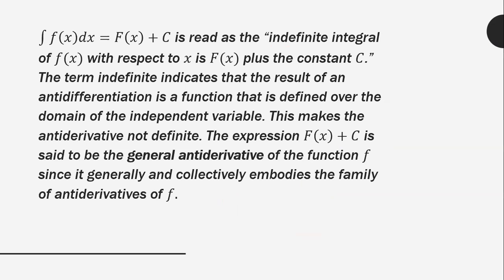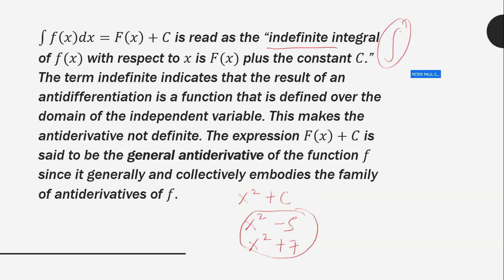For example, if you have x squared plus c, then this is a result of an indefinite integral. But when you have x squared minus 5, or for example, x squared plus 7, these are examples of definite integrals. For definite integrals, the formula is an elongated sum, while this is for indefinite.